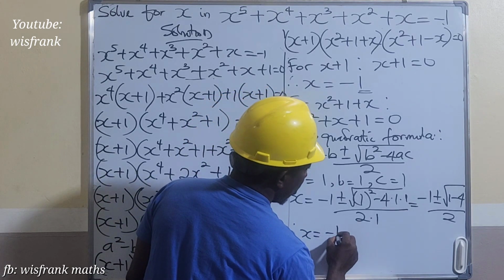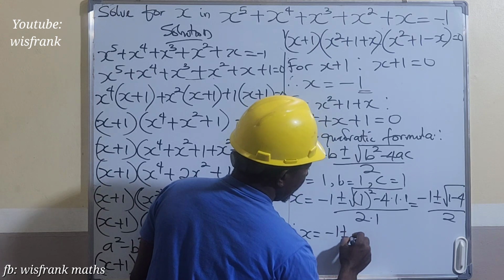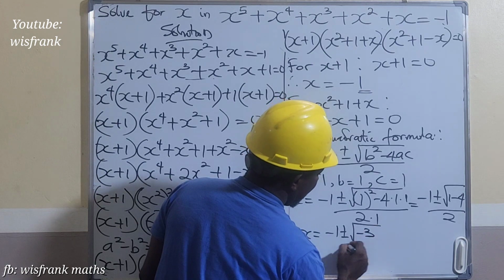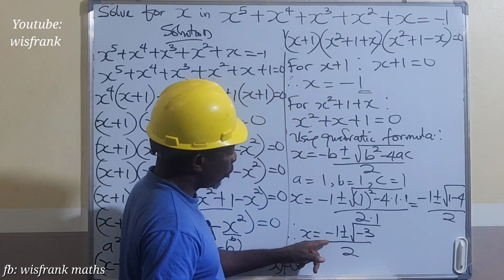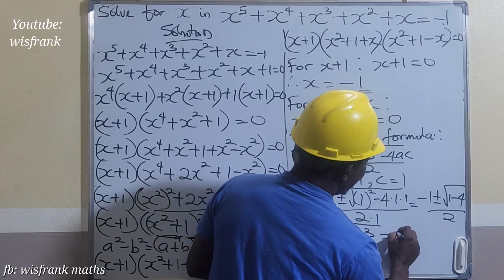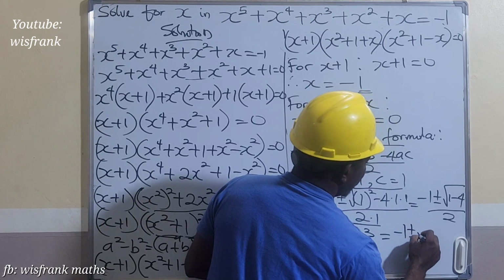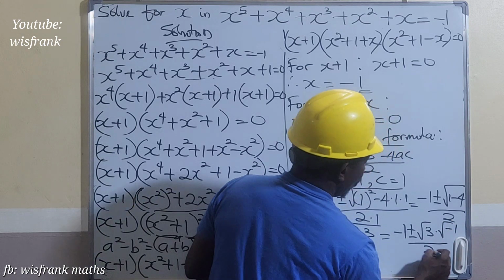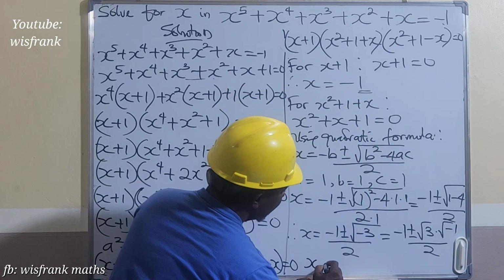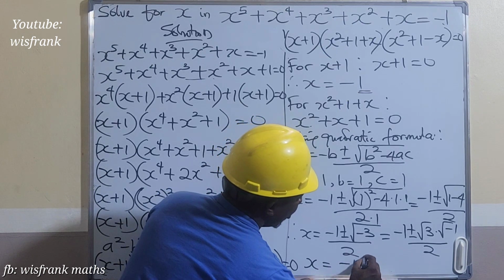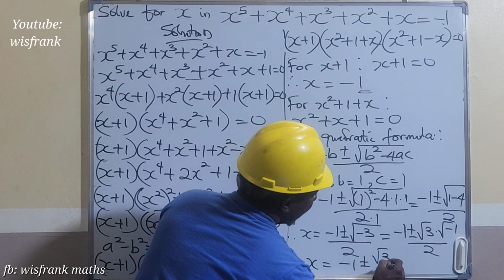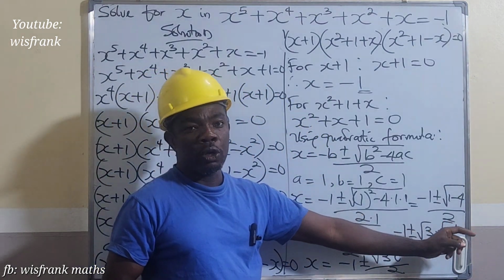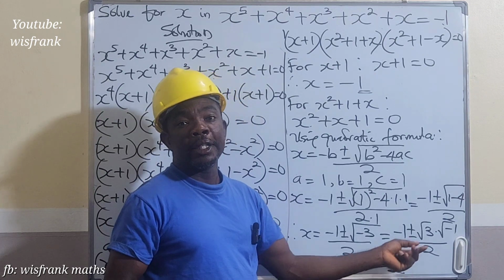This is the same as (−1 ± √3 × √(−1)) / 2. So x = (−1 ± √3 i) / 2, because the square root of −1 is iota, i.